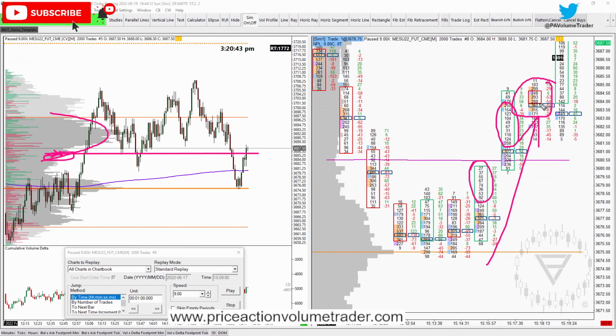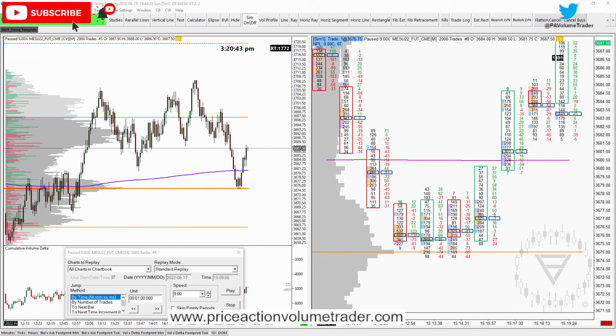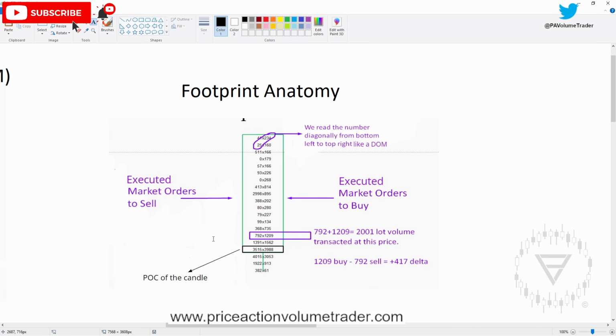That's where we got high volumes coming in, in this case more selling. It pulled back, but then it just came back right away, cleaning the whole order book to the upside with aggressive buying.